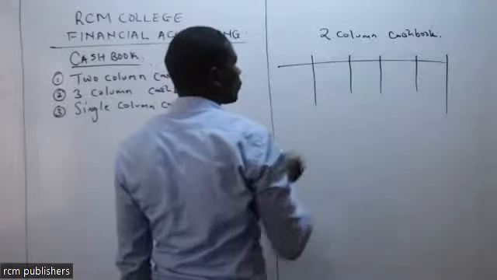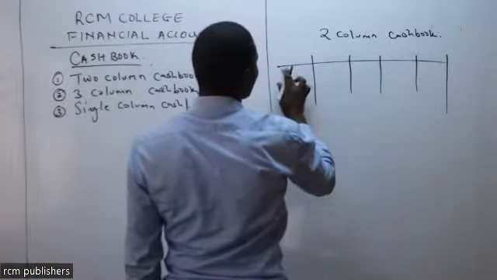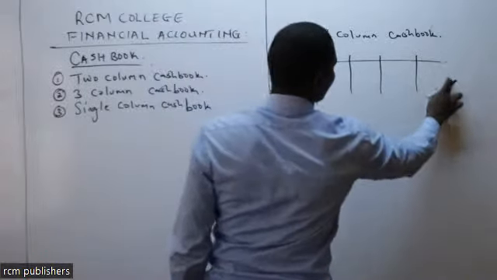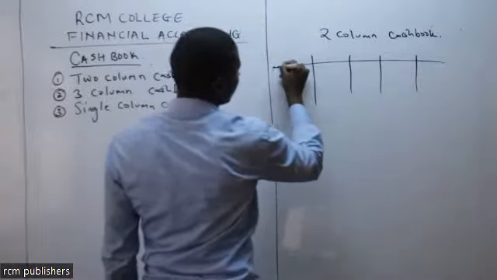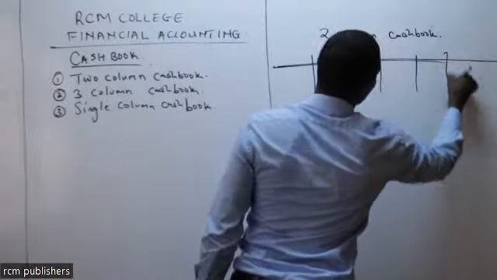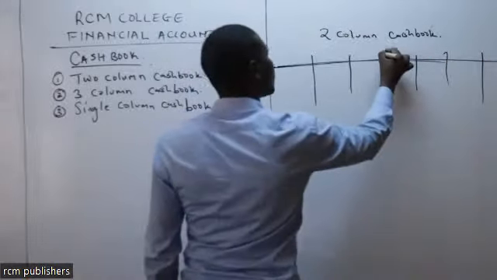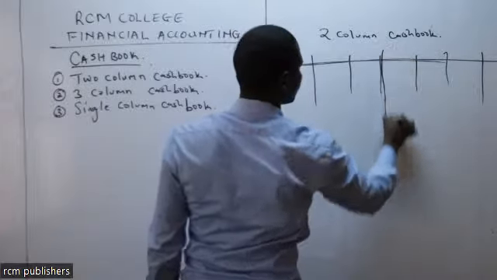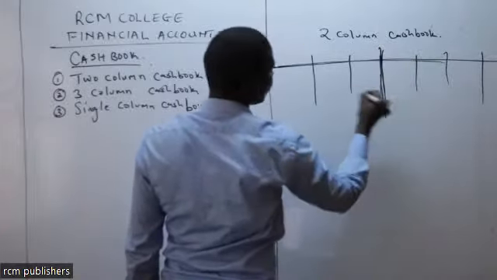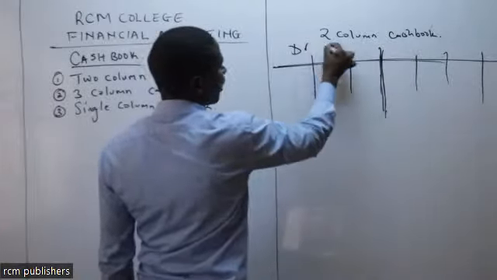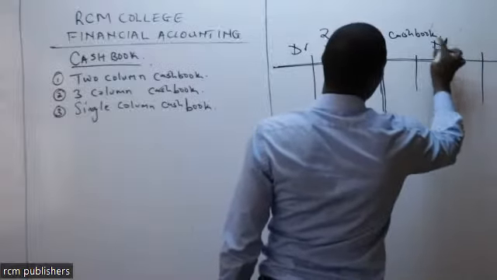In a 2-column cash book, in fact, it should be 3 here, I'll be having 2 lines here to show my demarcation. And this will be the debit side, and this will be the credit side.